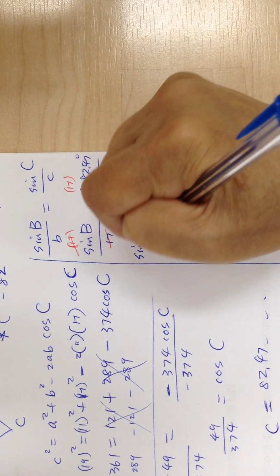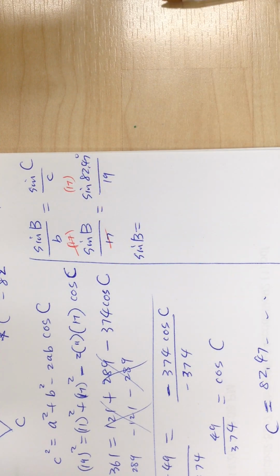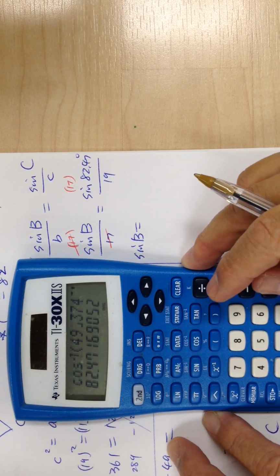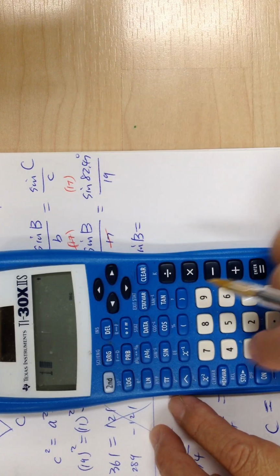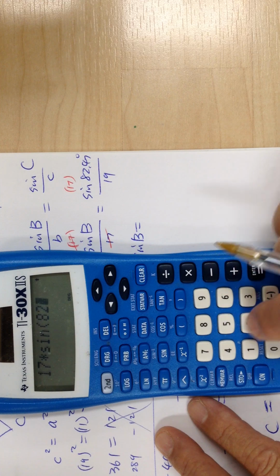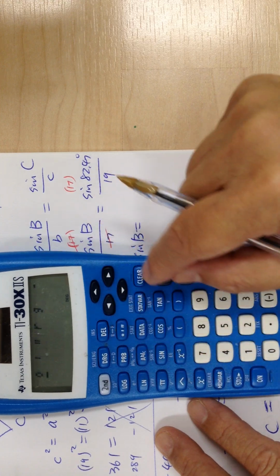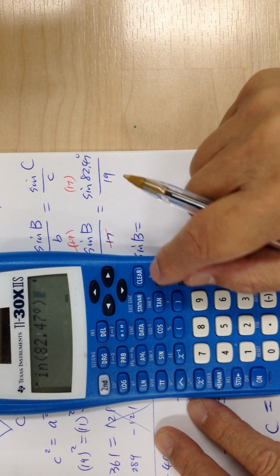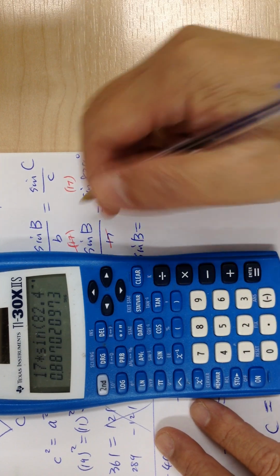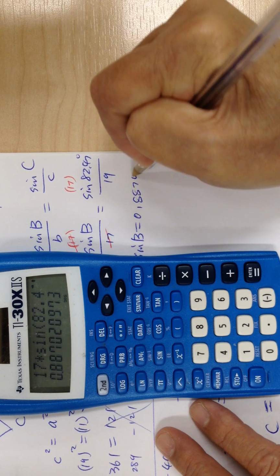So you got sine B equal to, and you can use your calculator to work it out. So I got 17 times sine of 82.47 degrees, divided by 19, equal 0.8870.